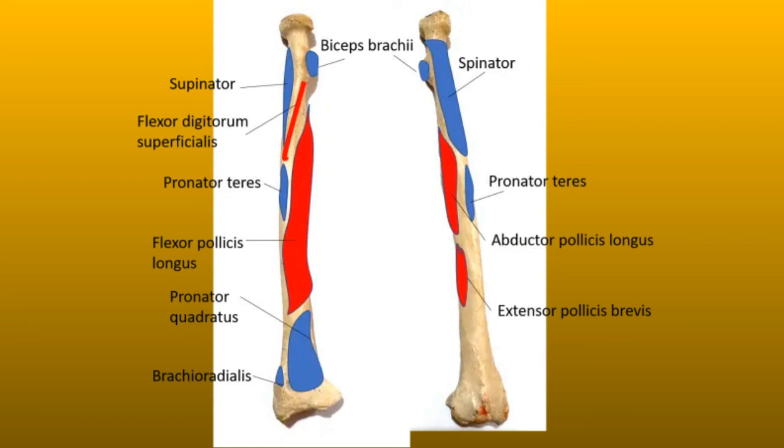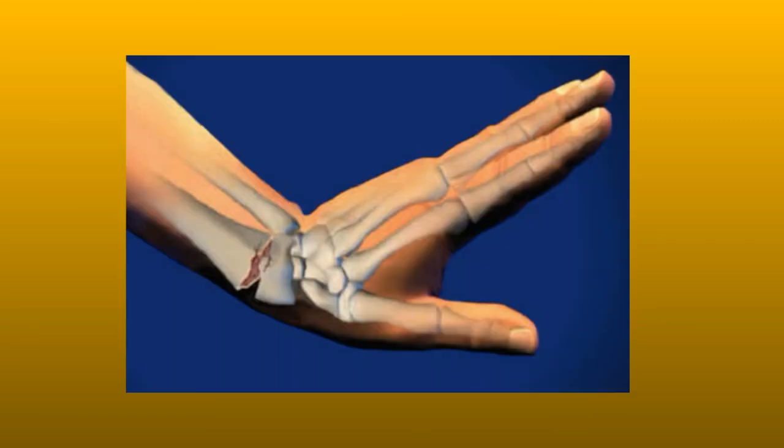Now next thing is about the applied aspects of the radius bone. Remember, the radius bone commonly gets fractured about 2 cm above its lower end. Okay, and this fracture is known as the Colles fracture. This Colles fracture is caused by a fall on the outstretched hand, and the distal fragment is displaced upward and backward, and the radial styloid process comes to lie proximal to the ulnar styloid process.